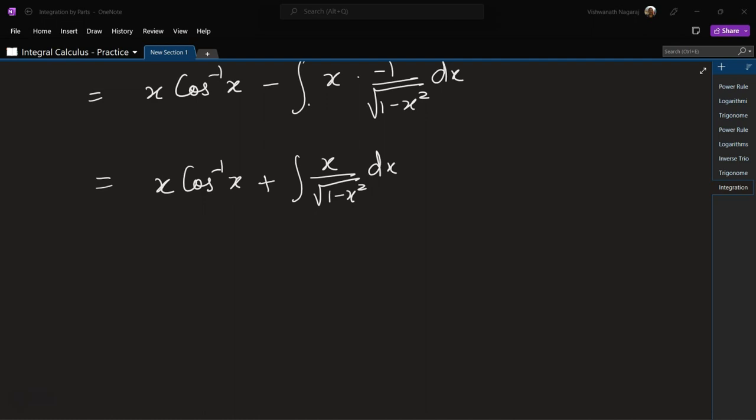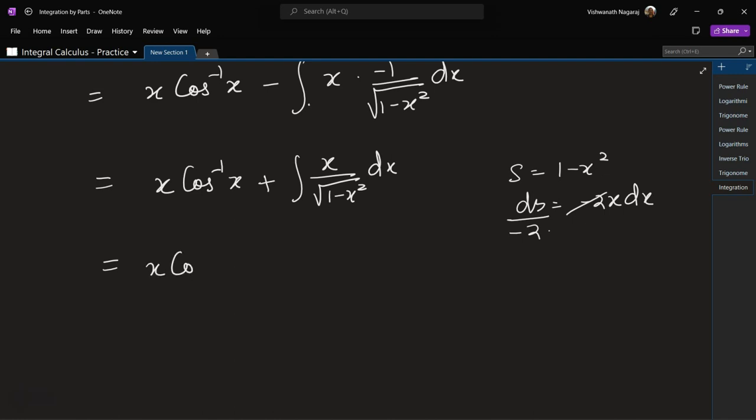So let's say s is equal to 1 minus x square. So ds is equal to minus 2x dx. So minus 2 we bring it to this side, right? So our integral becomes, let's write it fully, plus integral of x dx is ds by minus 2 square root of s.